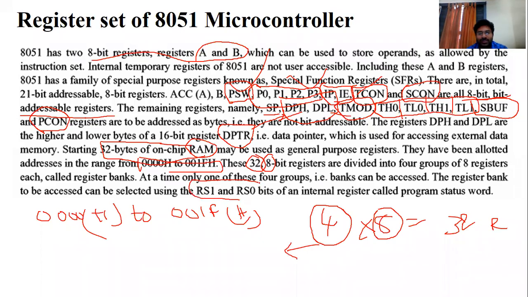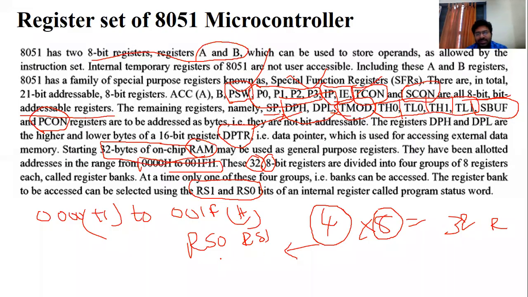By using the pins RS0 and RS1. See this: RS0 and RS1 take the values 00, 01, 10, 11. These are the 4 banks, numbered 0, 1, 2 and 3.